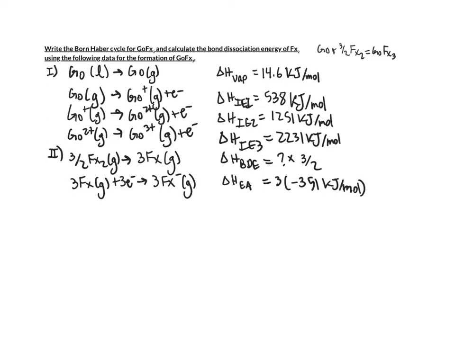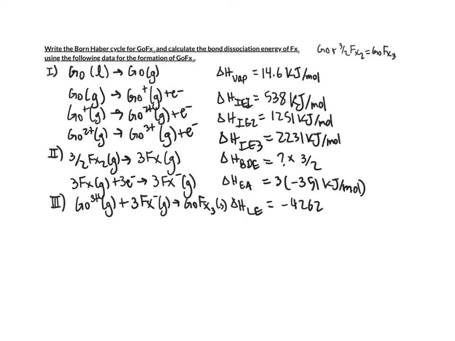Finally, we will add our lattice energy, and we will use GO 3+ plus 3 FX minus to get GO FX3, and we will put in our lattice energy, and then we must cancel everything out.